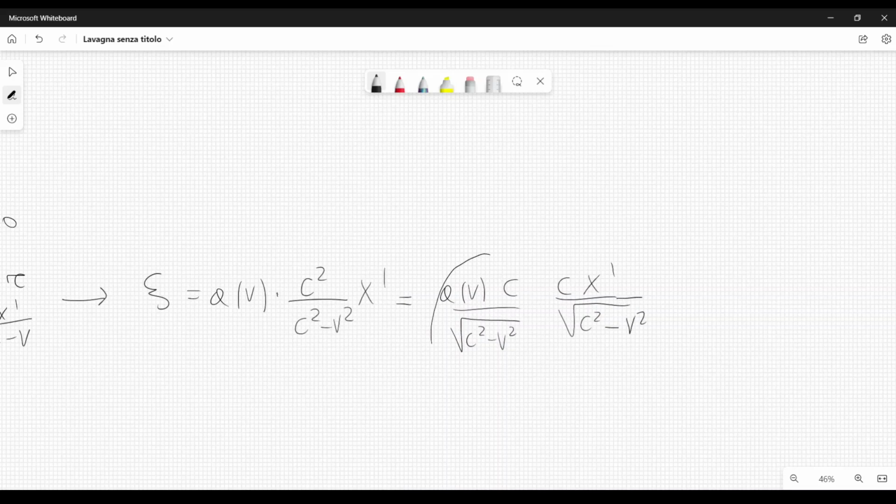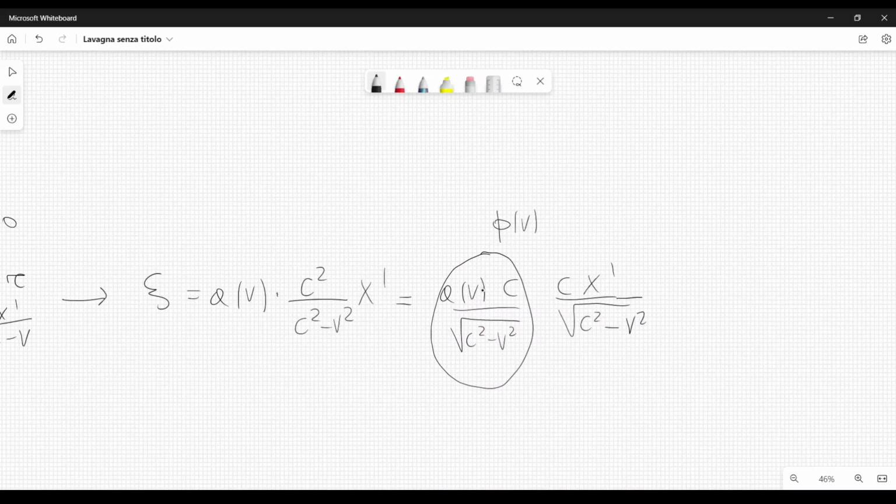Now let's define this function here to be phi of v, because it simply depends on v and also the speed of light, but that's a constant, so it will depend on v. It's just the relabeling of the constant with respect to the coordinates, and this constant actually is a function of the velocity.